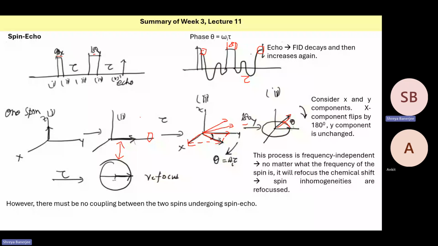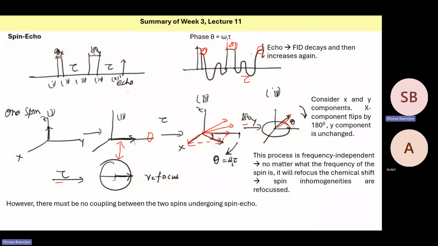So at point 2, directly after the 90-degree pulse, signal is maximum. Then after allowing it to precess and flipping it 180 degrees and giving it another time tau, the signal comes back to the same position. So this orientation and this orientation are the same.